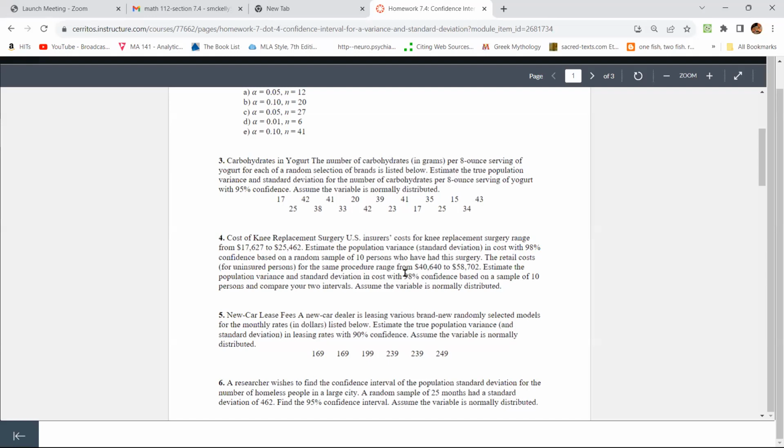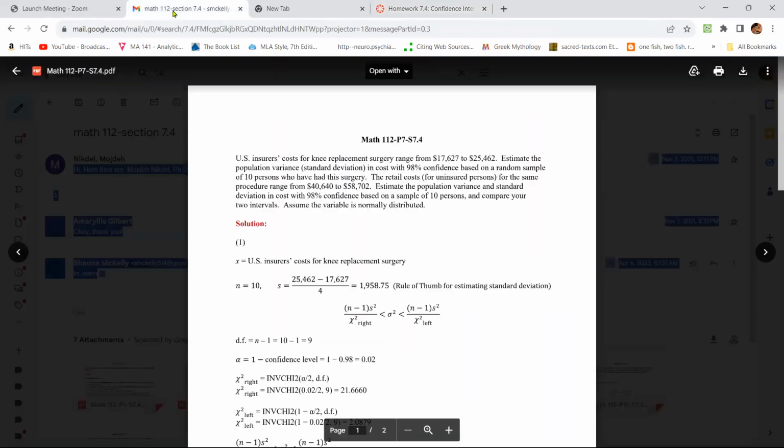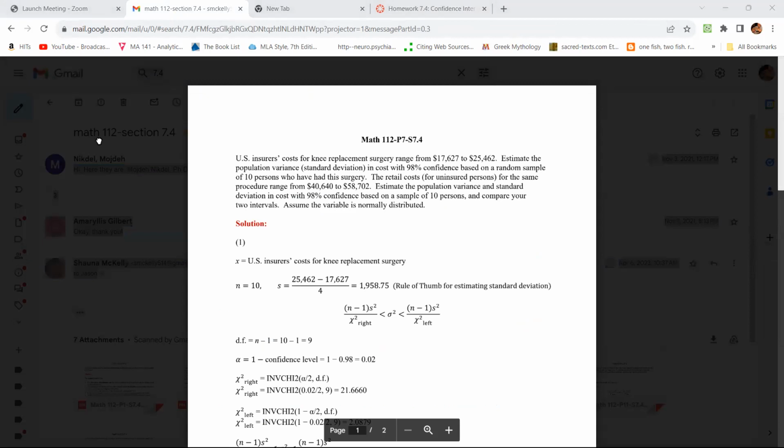Then you do the same thing down here for retail costs. This problem is going to have 4 intervals in it, because you need to do one for the standard deviation and one for the variance for each of those situations.